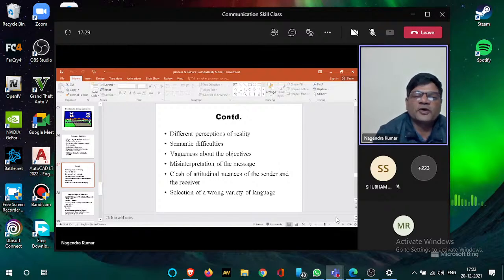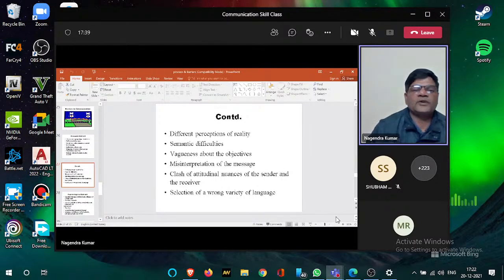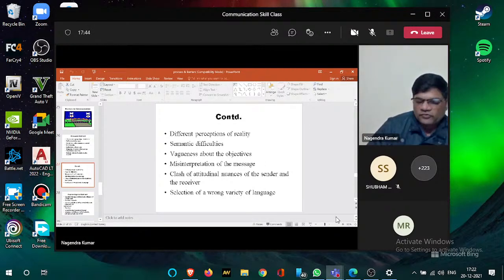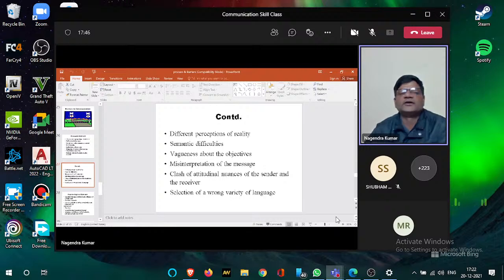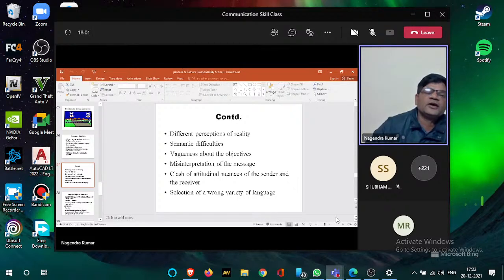And again, selection of a wrong variety of language. When you are talking to people, even in the same language, again there is this kind of problem because languages have variations. Somebody who lives in Maharashtra speaks a different kind of Hindi with different terminologies or different meanings attached to terminologies, and somebody from Lucknow, even if he or she speaks the same language, may have a different variety of that.